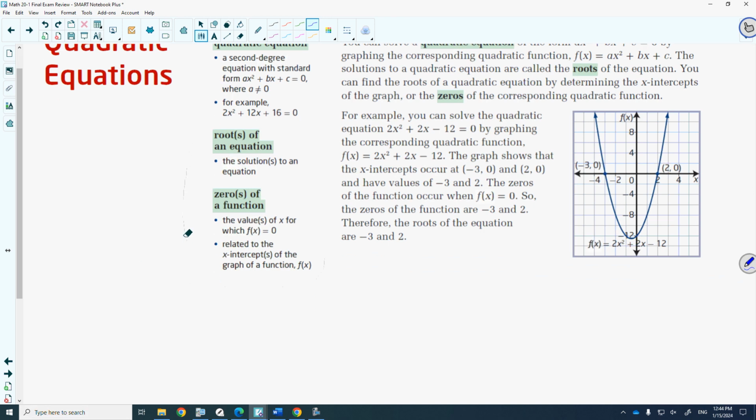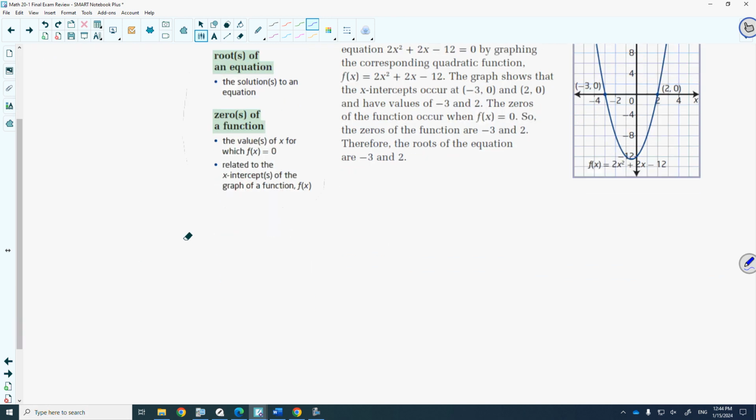Okay, so let's talk about equations. If I give you f of x, 2x squared plus 2x minus 12, this is a quadratic function. It's written in function notation.